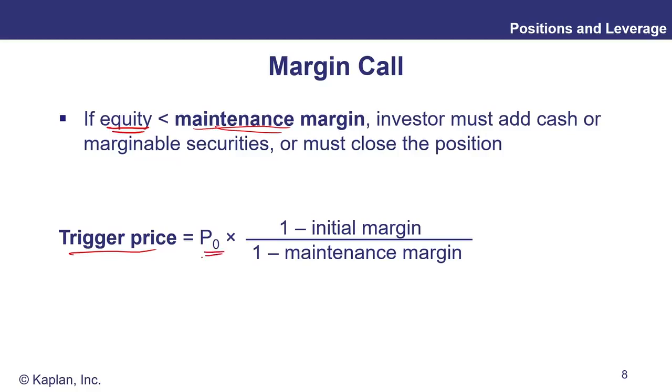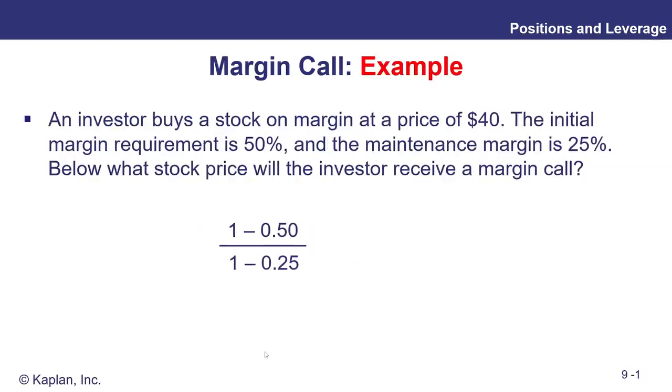So we've got our starting price today, times 1 minus the initial margin over 1 minus the maintenance margin. Let's put some numbers on that, and hopefully it will make sense. So if we buy stock on margin at a price of $40, and the initial margin requirement is 50%, and the maintenance margin is 25%. So if our equity stake falls to 25%, we're going to need to top up our margin.